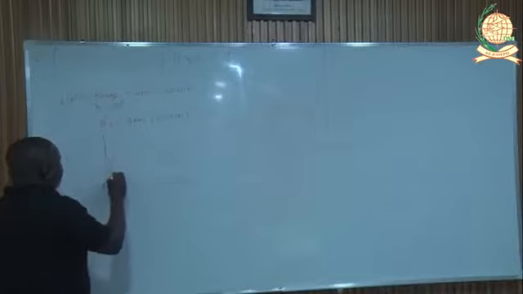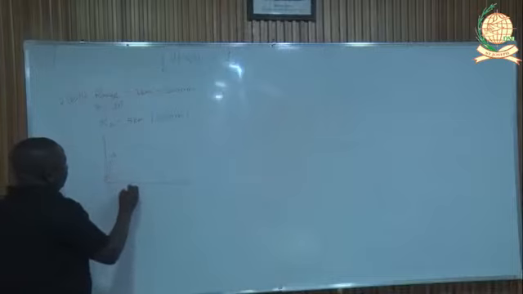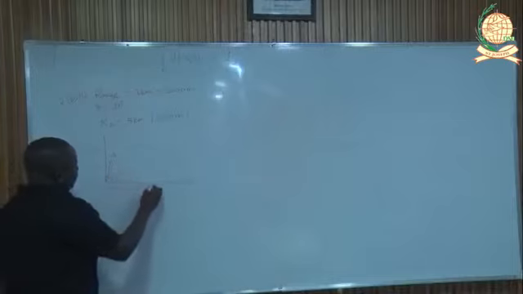Initial velocity, angle 30. We have this 3,000 meters.